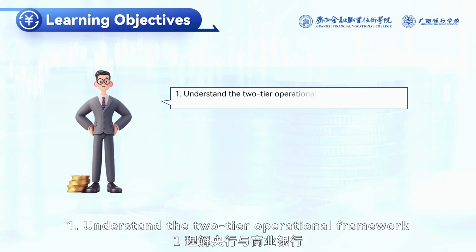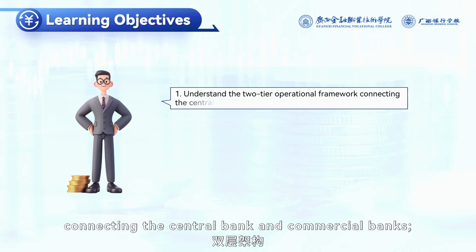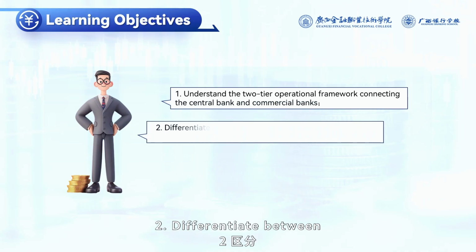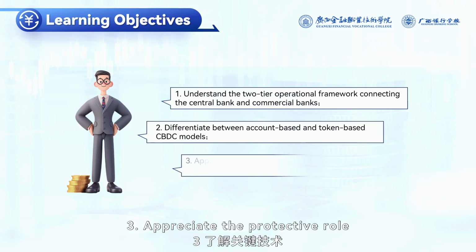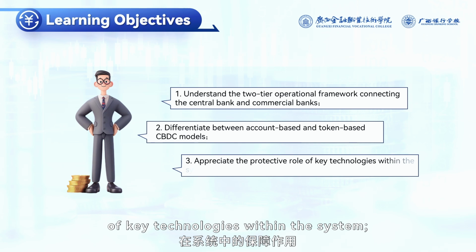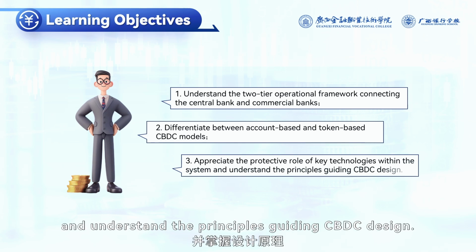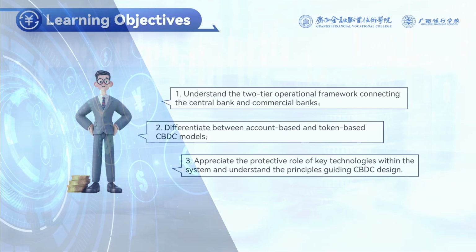Understand the two-tier operational framework, connecting the central bank and the commercial banks. 2. Differentiate between account-based and token-based CBDC models. 3. Appreciate the protective role of key technologies within the system and understand the principles guiding CBDC design.